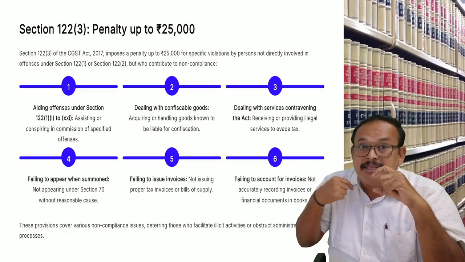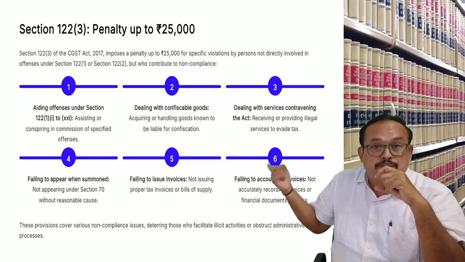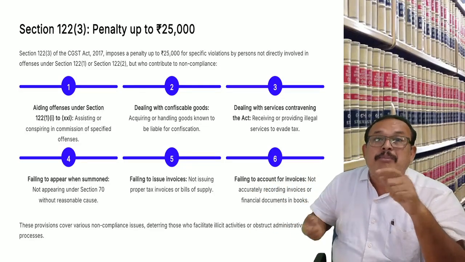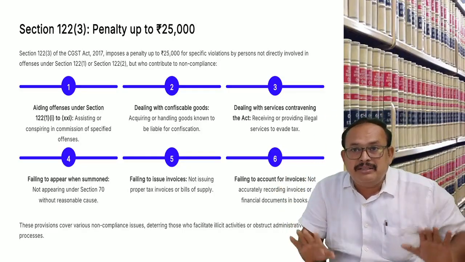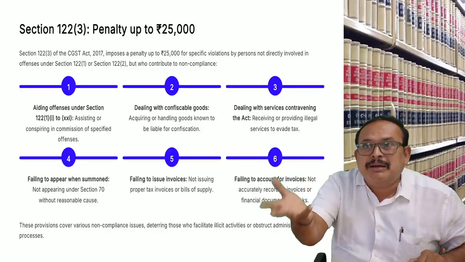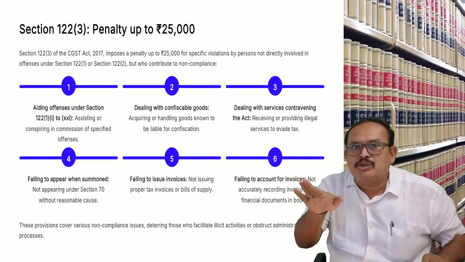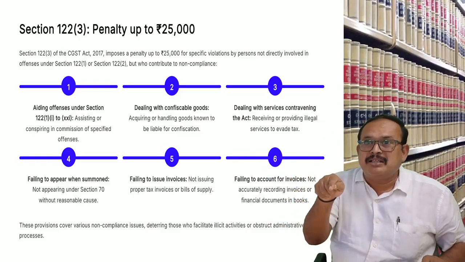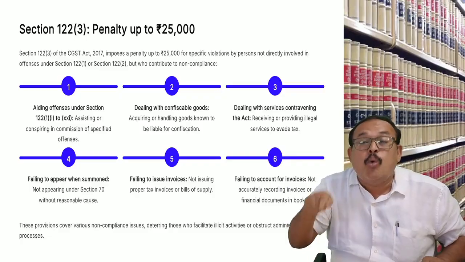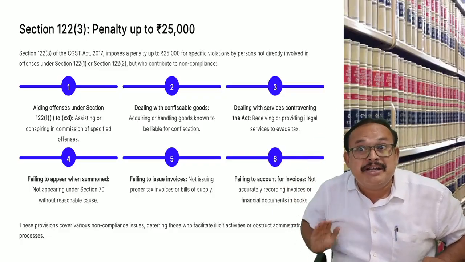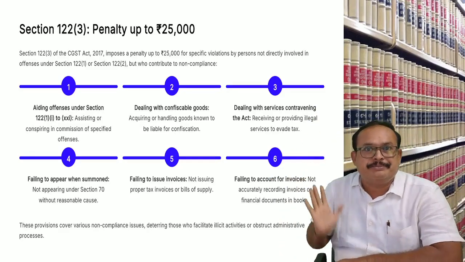Then on such an employee who is not a party to paying GST, not only 122 subsection 3 applies, but also 122(1)(a). If it is not fraud, only a violation of the provision, but I am a third person, 122(3) will apply, which is a penalty of 25,000. If that same person also masterminded, in addition to 122(3), 122(1)(a), which is equal to 100% of the tax, is also imposed as penalty. Therefore, he is not liable to pay tax, only penalty.